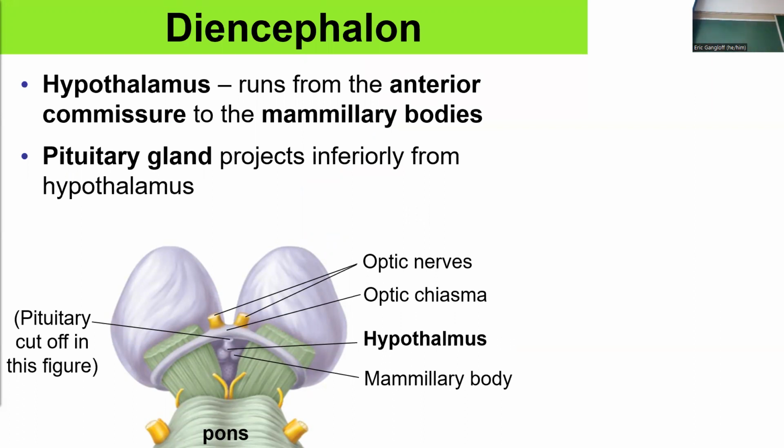You can see on this diagram, I'm not getting into this yet, but just to bring a little bit, these optic nerves. The optic nerves are associated with the eyes, as you might expect, and they cross over. I want to point this out because I alluded to it before, and this is called the optic chiasma, where those two optic nerves cross over.